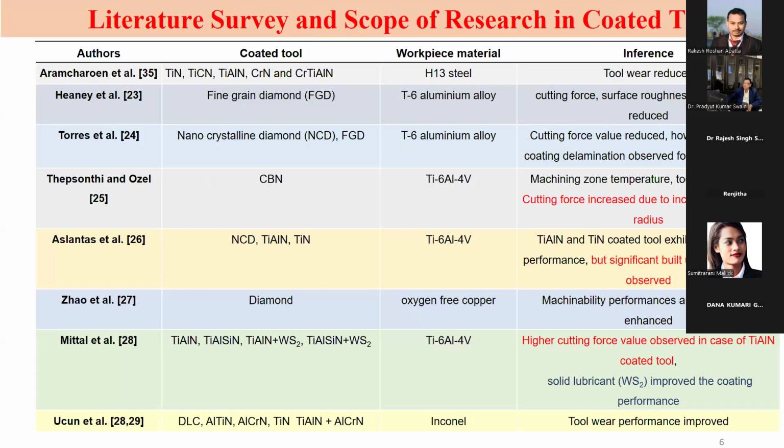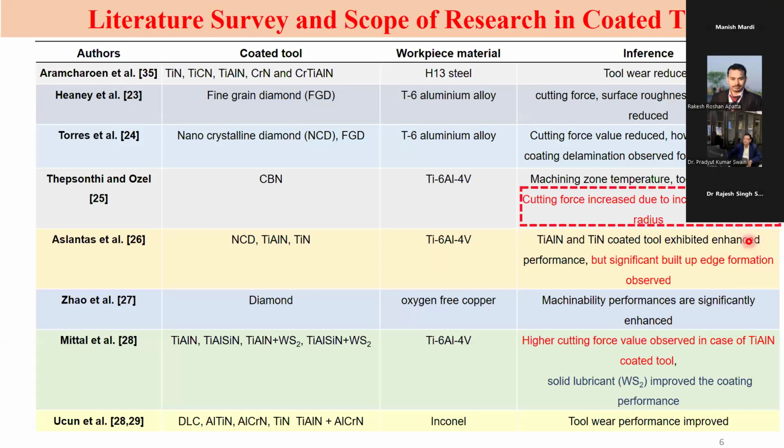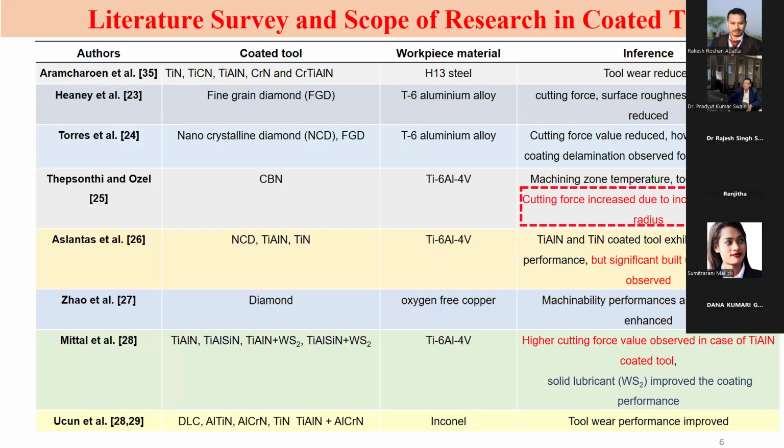From this, we obtain the idea of how we can proceed, how our work will be different, and how we can enhance the performance of the process. Here, one thing we see is that in general the idea is there: if we are using a coated tool, we can enhance the process. But this is not true in the case of micromilling.